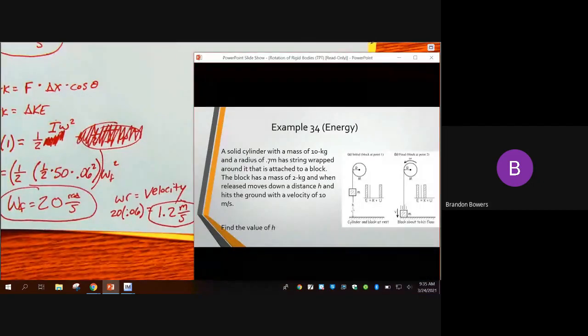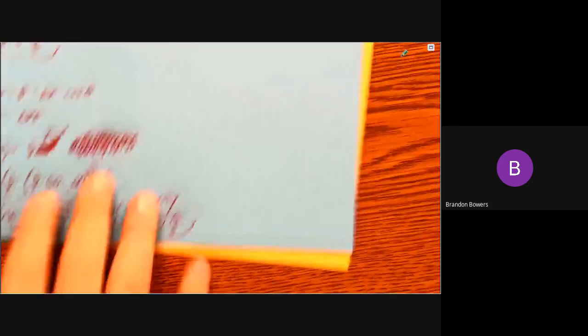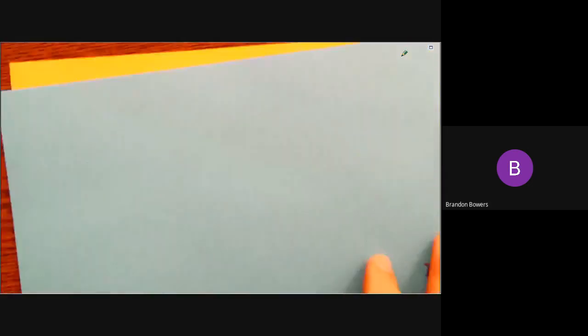I gotta minimize this just so I have space. We're going sideways. All right, ladies and gents, mechanical energy initial equals mechanical energy final. So let's see. We have kinetic energy tangential.